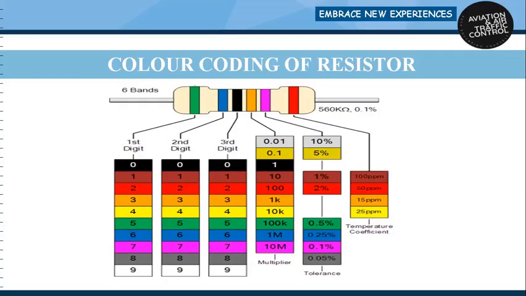Band number 4 gives the multiplication factor, which is the number of zeros. The 5th band gives the tolerance. Tolerance indicates how close the actual value may be to the stated value. And the 6th band gives the temperature coefficient.